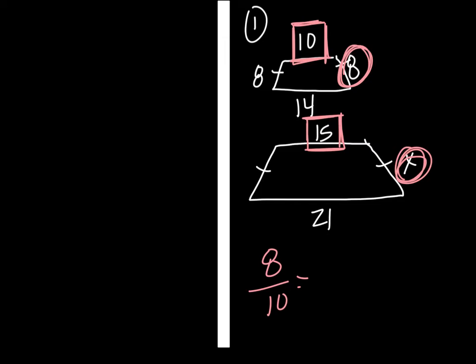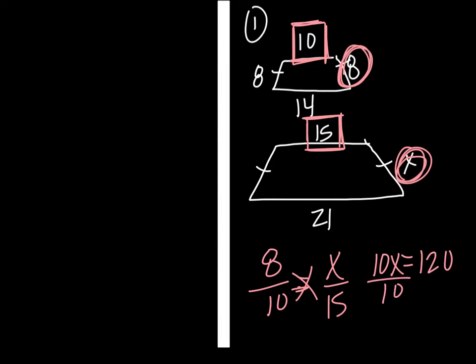The second would be x goes with 8, so that'll go with 8 over 15. Alright, so we cross multiply. 8 times 15 gives you 120. So we have 10x equals 120. Divide by 10. You get x equals 12.